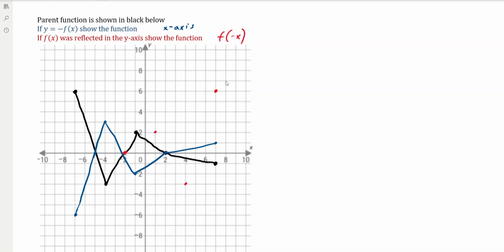Oh, this point here is 7 away. Okay, like this. And you can hopefully see that it's reflected horizontally, flipping over the y-axis.